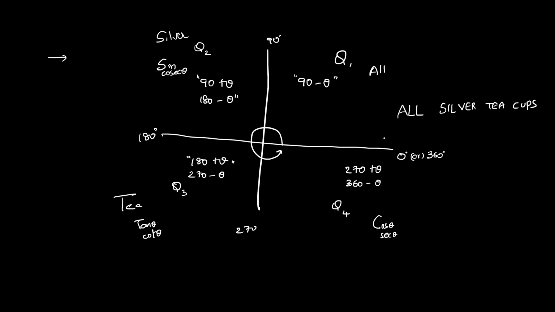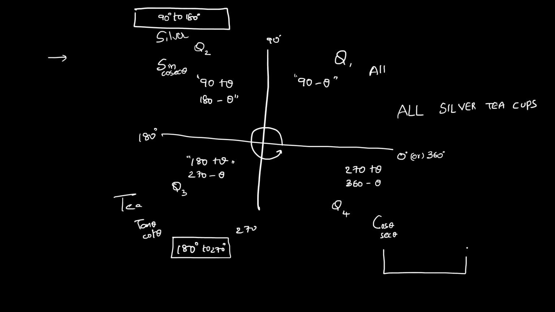In the first quadrant the angle will be 0 to 90, and in the second quadrant it will be more than 90 and less than 180, so in between 90 to 180. The third quadrant will be between 180 to 270, and the fourth quadrant will be 270 to 360 degrees.